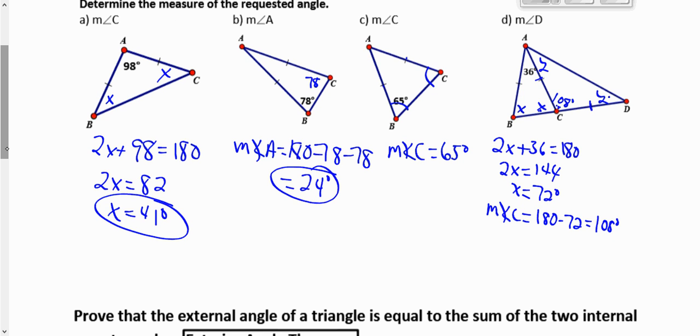Give me the equation. 2y plus 108 equals 180. What does 2y equal? 180 minus 108 is 72. What's y equal? 36 degrees. There we go. Okay?